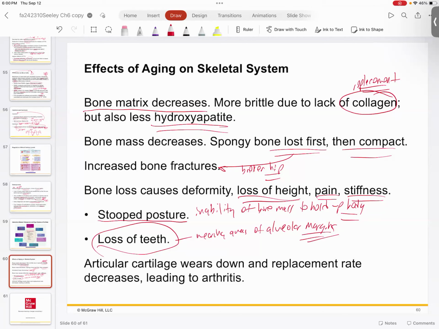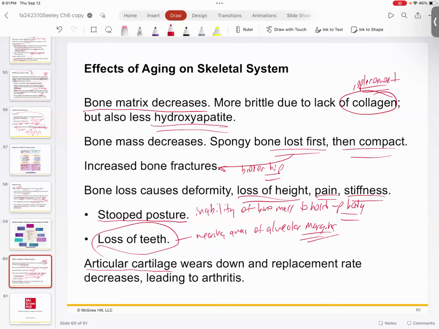So as those alveolar margins start to erode, bone mass wise, then that starts to create a loosening of the root system of the teeth in the actual mandible and the maxillary bone, and then they'll start to come loose, essentially.